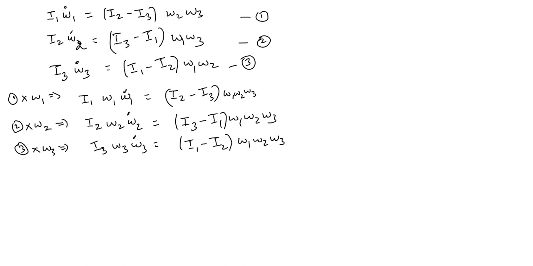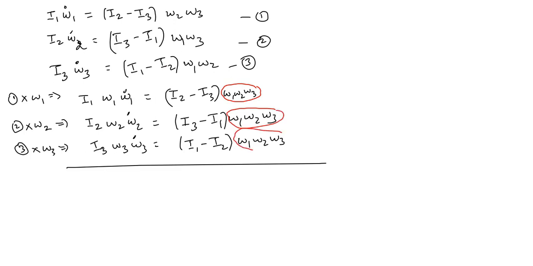So let us add all these equations, left and right side. So what happened to the right hand side? The common term is omega 1 omega 2 omega 3. If you take this out, there is a plus I2, there is a minus I2, minus I3 plus I3, and there is minus I1, there is a plus I1.